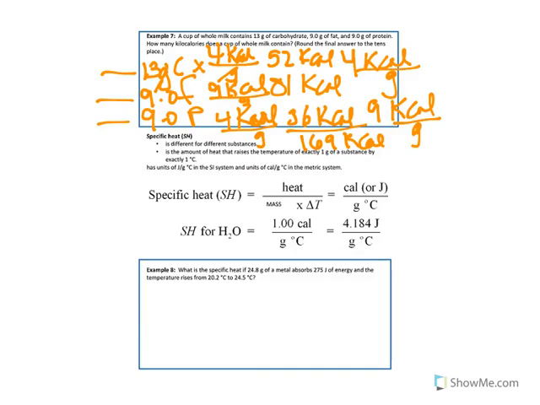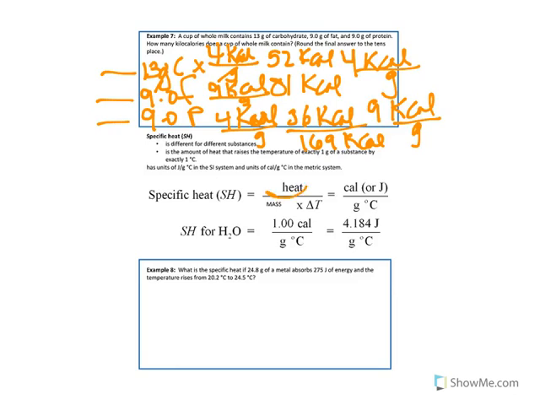Now, as I said, every substance has its own specific heat. The units of this are joules per gram per degree Celsius in the SI system and calories per gram per degree Celsius in the metric system. The formula to calculate the specific heat is the heat divided by the mass times the change in temperature.